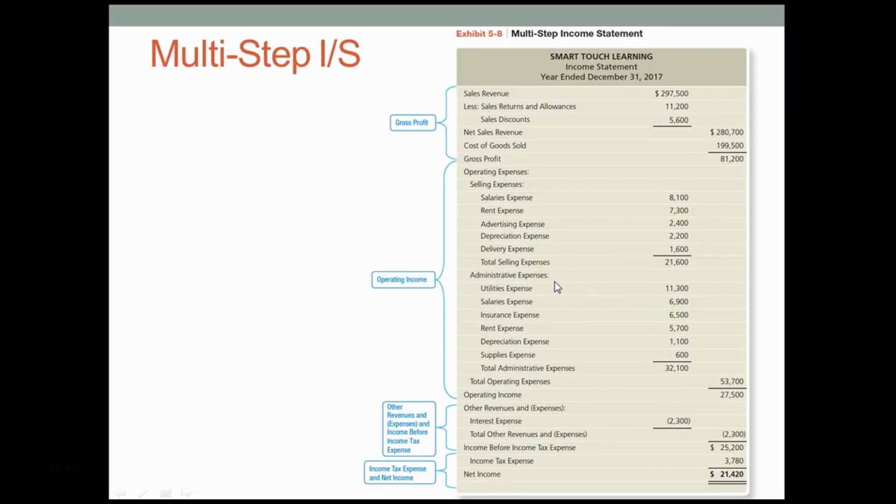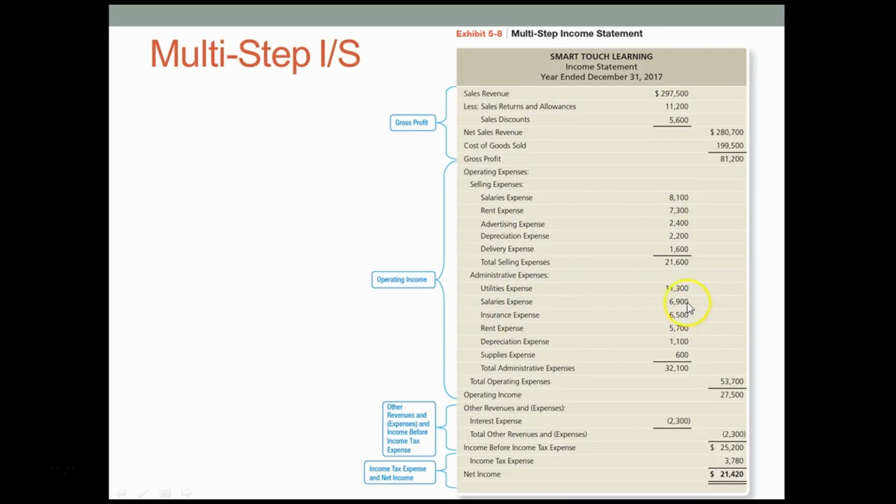Another example of this is, let's say you're Apple Corporation. You have all the salary expenses of all your people working at the Apple stores. Those would be part of your selling expenses. But the corporate employees, the engineers, the accountants, the financial analysts, all that would be the salaries for your administrative expense.